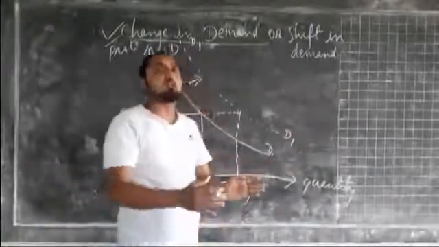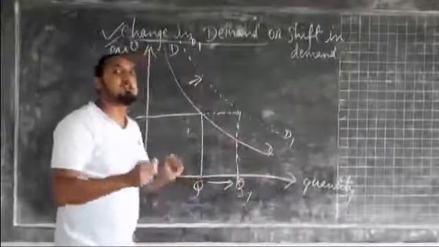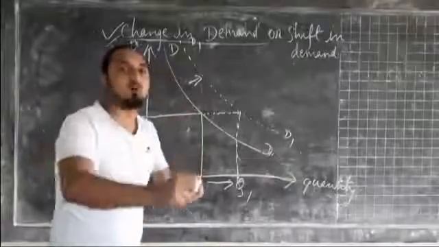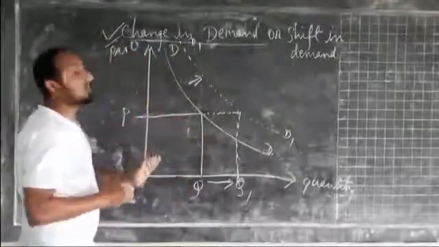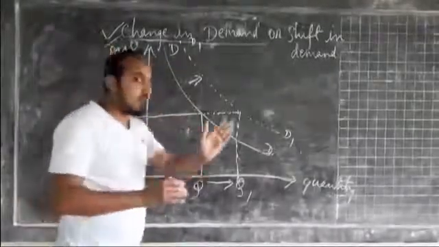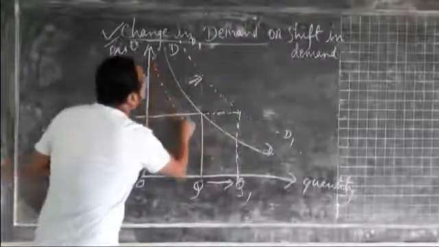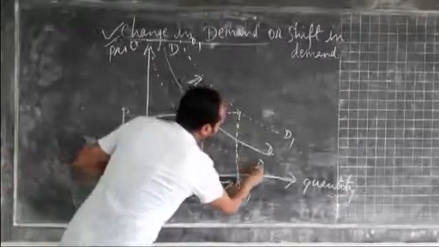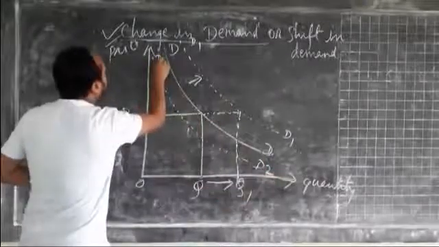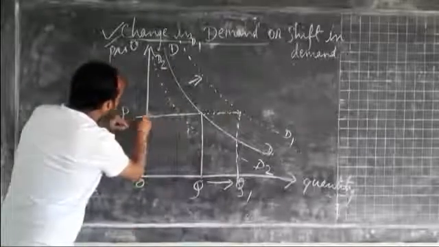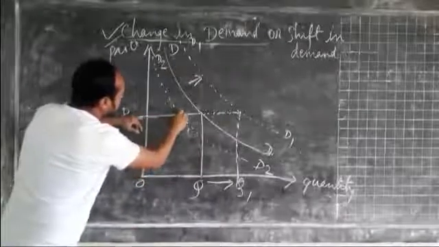Similarly, if the income of the consumer decreases, suppose it is decreasing from 30,000 to 15,000 or 20,000, in that case the demand curve will shift parallelly leftward. So in that case we get the new demand curve, that is D2. At the same price, we can see that the demand curve and this price line are intersecting at this point.